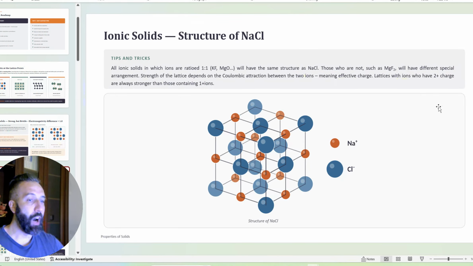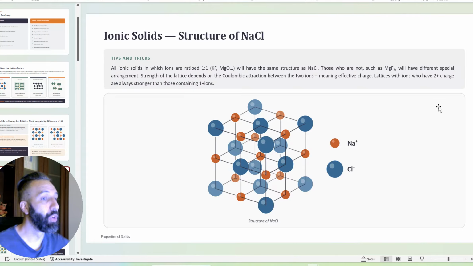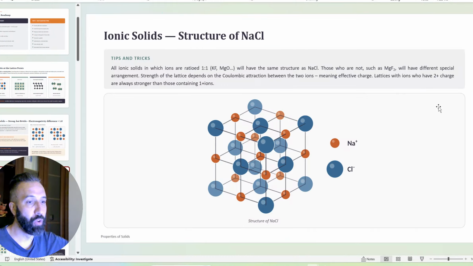Also, how hard it is to break a lattice, and especially how high the melting and boiling points are, depends on how strong the Coulomb attractions are. The strength of the Coulomb attractions depends on the effective charge of the ions.